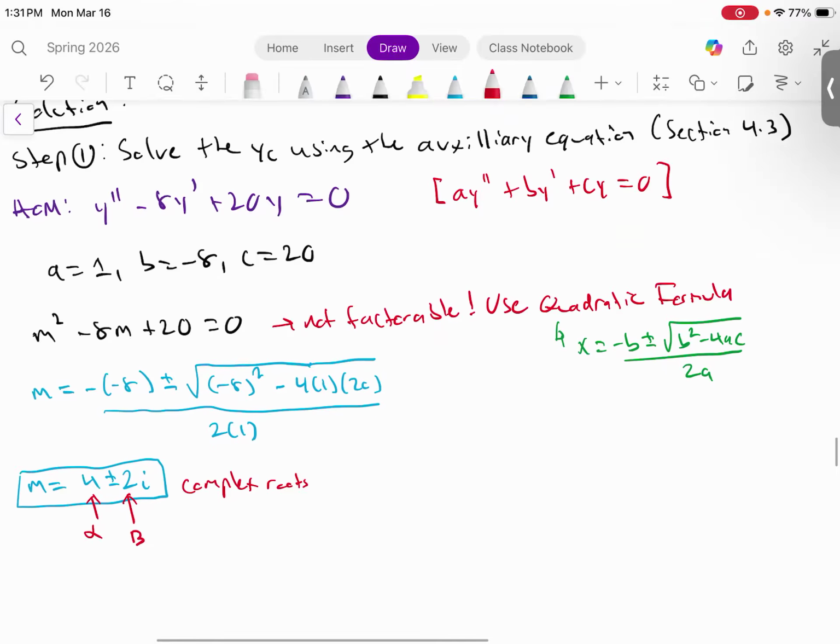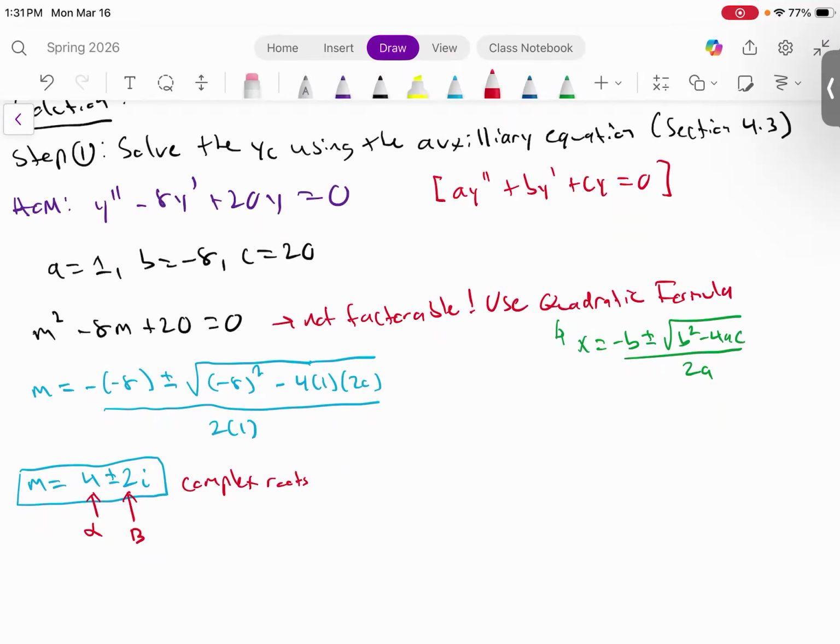A solution for complex roots is y equals e to the alpha x times c1 cosine of beta x plus c2 times sine of beta x.